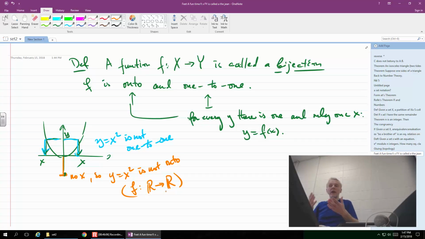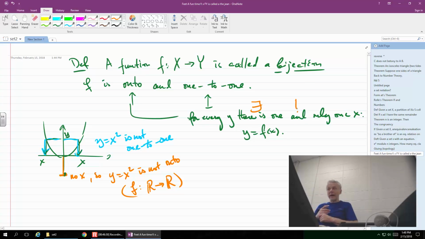So onto means that the range is all values, so every y has to be covered. That's the existence part. Then going backwards, it turns out that you can go back in only one way. That's the uniqueness part.